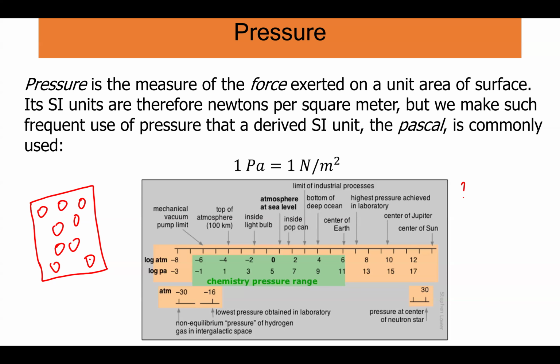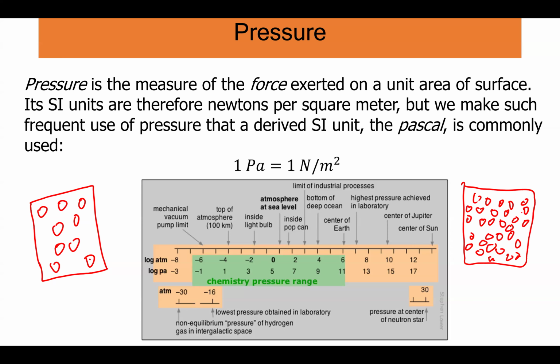Now you fill the same room with many more people, where people cannot even move. Let's call this box 1 and this box 2. Which box experiences higher pressure? Box 2, because you have the same volume but more substance.